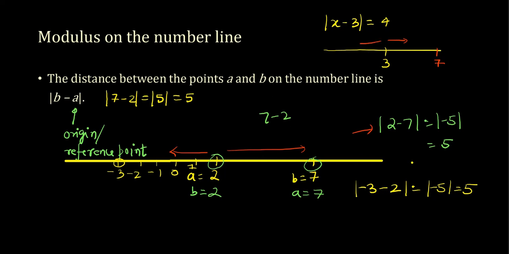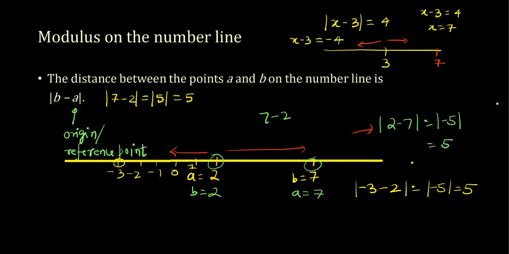But if you are moving towards the left 4 units, let me write this mathematically, removing the modulus. If you are moving towards the right, x minus 3 is equal to 4, that means x is equal to 7. If you're moving towards the left, you will write this as x minus 3 is equal to minus 4.